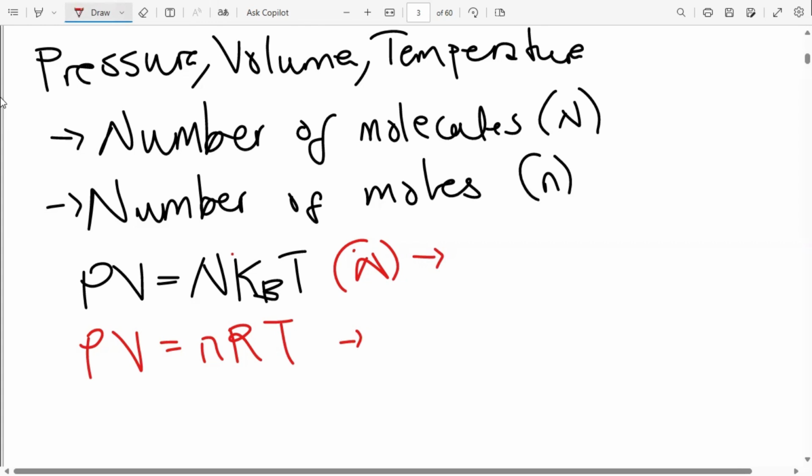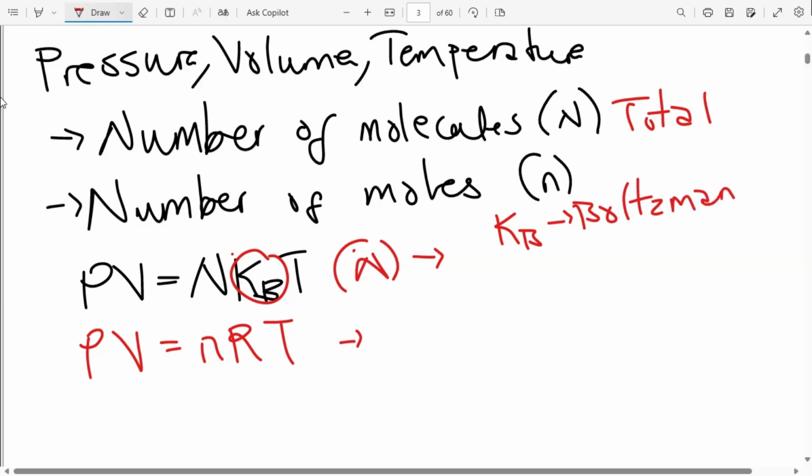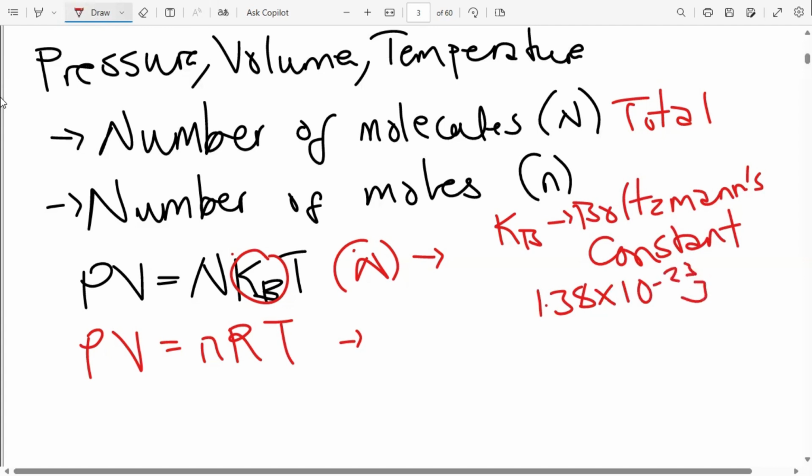Whilst k_B, this guy, is what we call the Boltzmann's constant, with a magnitude of 1.38 times 10 to the power minus 23 joules per Kelvin.